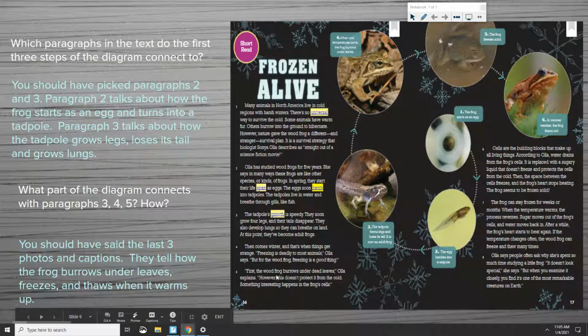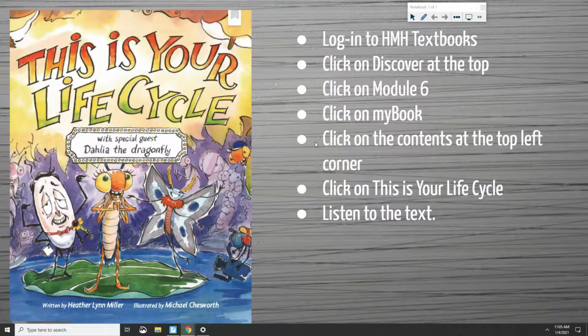Paragraph 5, the wood frog burrows in under the dead leaves. And then in paragraph 6, it's telling me about how they freeze. So paragraph 6 explains how the cells are changing and how they can freeze. So diagram 5 goes with paragraph 6.